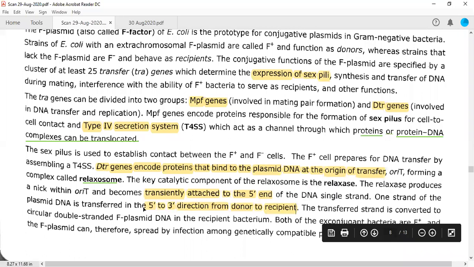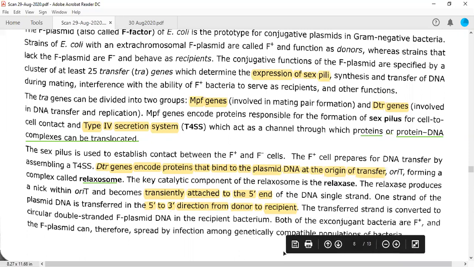So transfer will always occur in the same order, 5' to 3', in which other processes like transcription and translation happen. Translation is N to C, but it is very similar to the mRNA, that is, mRNA is 5' to 3', right? The transferred strand is converted to the circular double-stranded F plasmid DNA in the recipient bacteria.